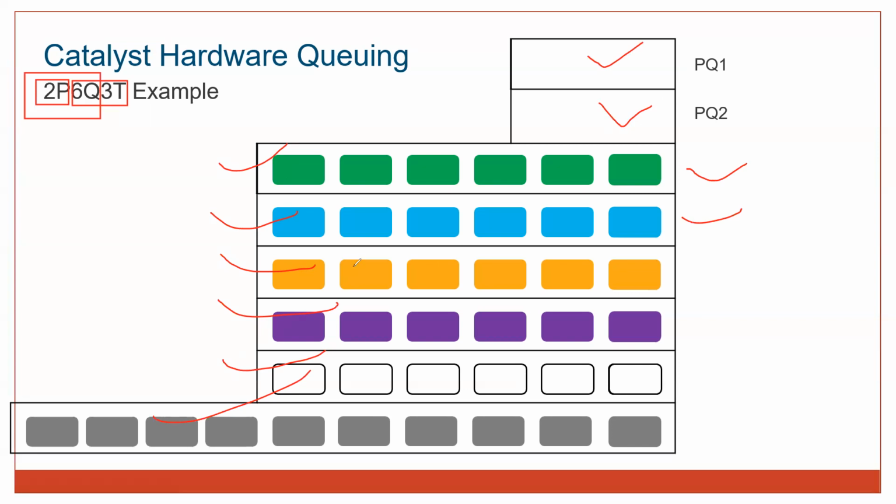But in these queues also, you can further divide into 3 threshold values. Suppose this is threshold 1, this is threshold 2, this is threshold 3. So this is the example of 6Q and 3 thresholds.